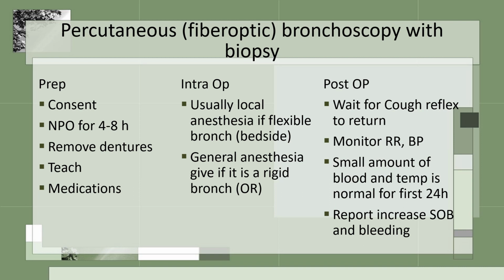Postoperatively, we need to make sure we wait for that cough reflex to return before the patient eats or drinks. We need to monitor the respiration and blood pressure. A small amount of blood is okay, and a temp may be higher than normal for the first 24 hours. We need to make sure they report any increased shortness of breath and bleeding.